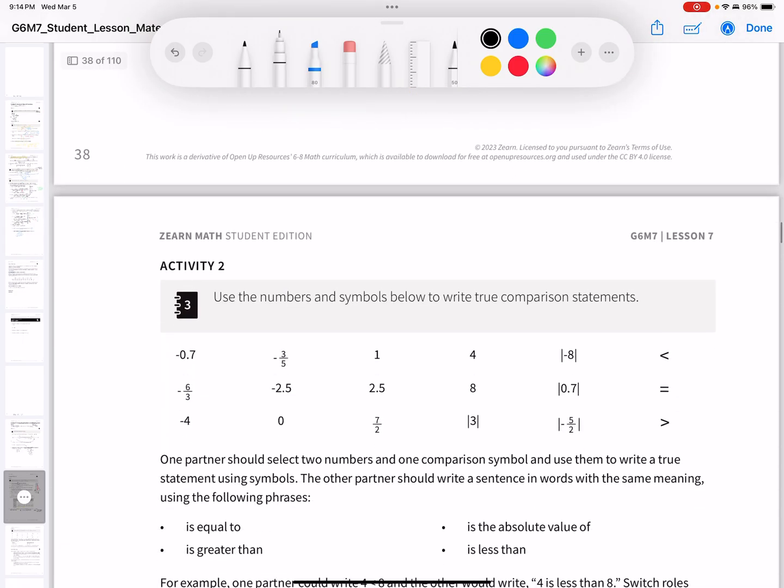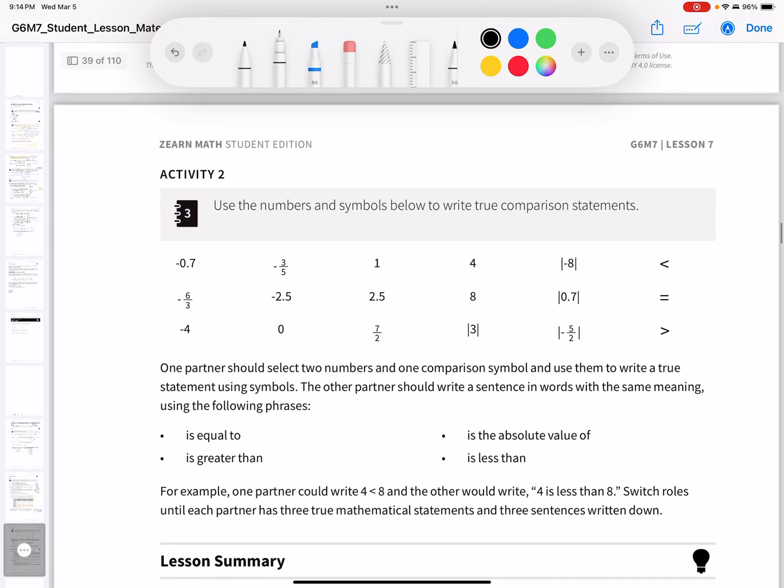Okay. Use the numbers and symbols below to write true comparison statements. So this is supposed to be partner work. I'm going to do one for you, and then you have 2 others that I would like you to do. So you're going to use these numbers, and you're going to do a comparison, either greater than, less than, or equal to.